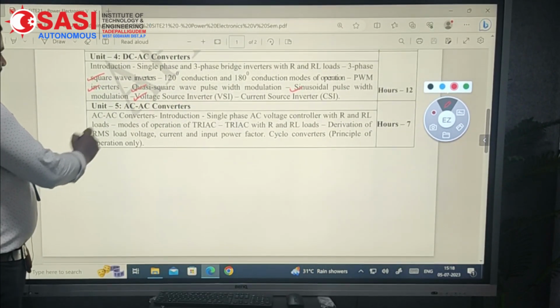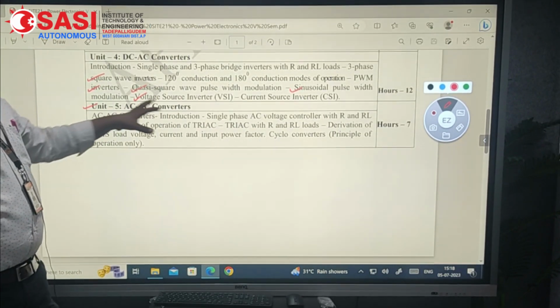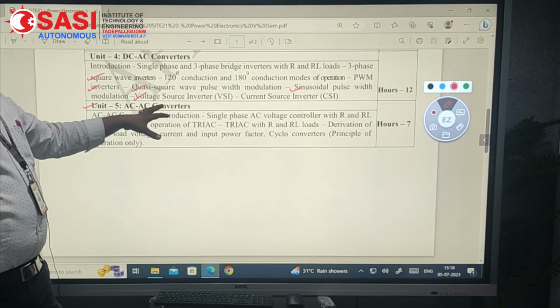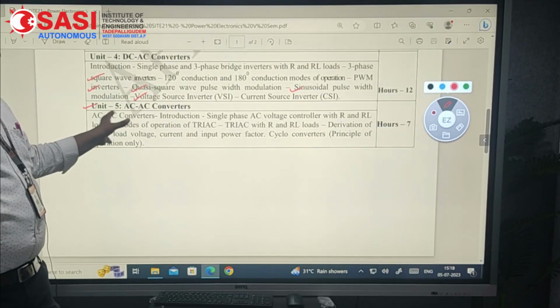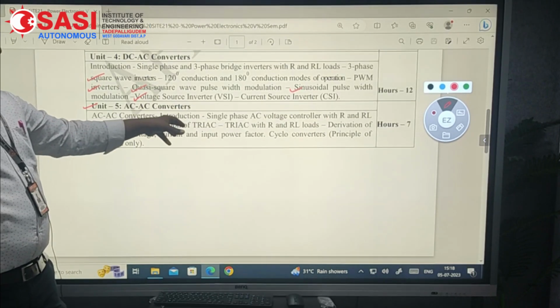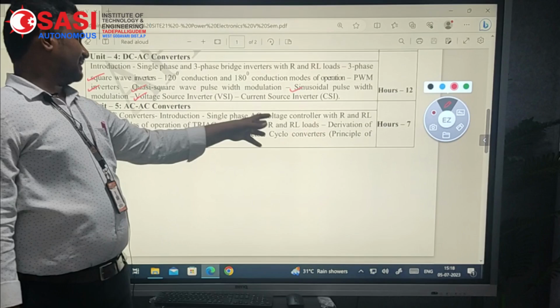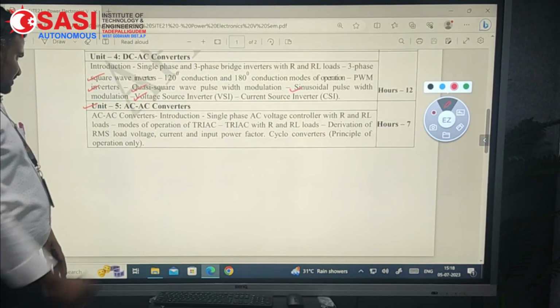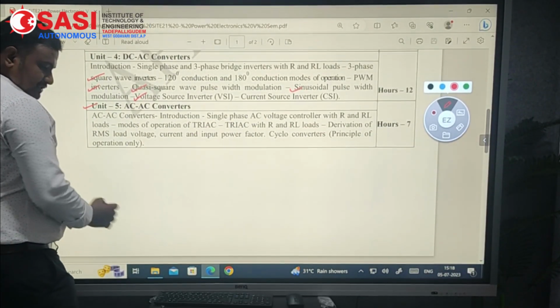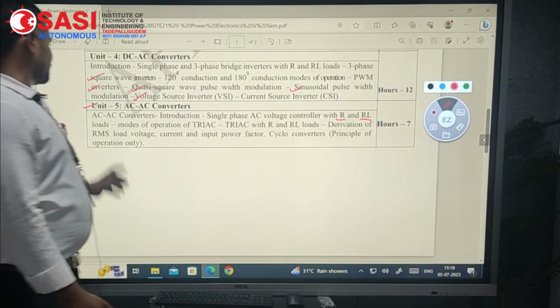And the fifth one is AC to AC converters. Here a fixed AC is converted into variable AC by using the AC voltage regulators or single phase AC voltage controller with R and RL load. So here also we are going to derive the voltage equations or RMS equations for R and RL loads.